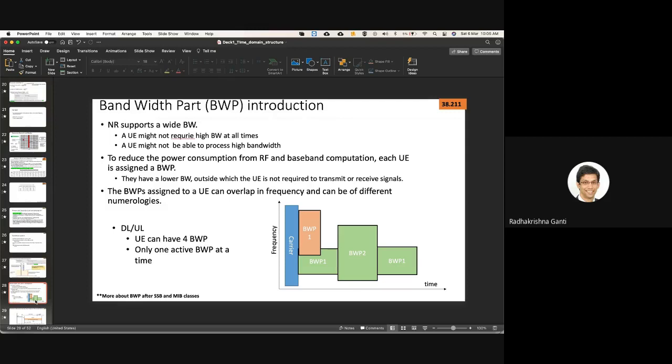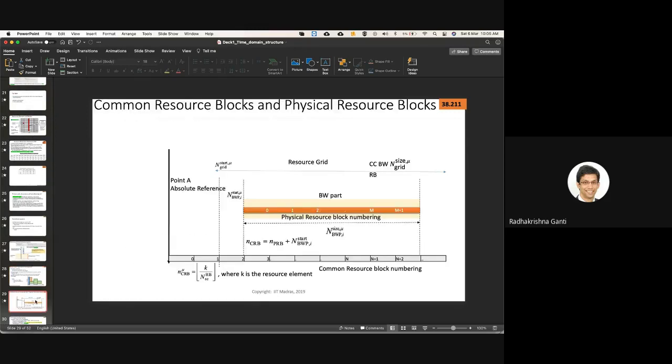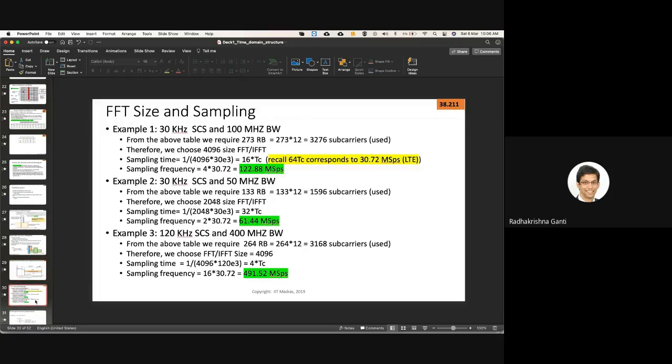We looked at common resource blocks, which are numbered from the absolute reference point, point A, whereas physical resource blocks are always numbered from the beginning of your bandwidth part, and are UE specific. Then we looked at FFT size and sampling, with 30 kilohertz subcarrier spacing and 100 megahertz bandwidth.